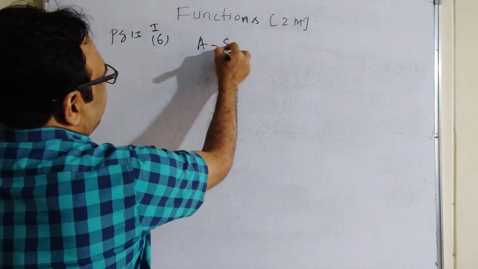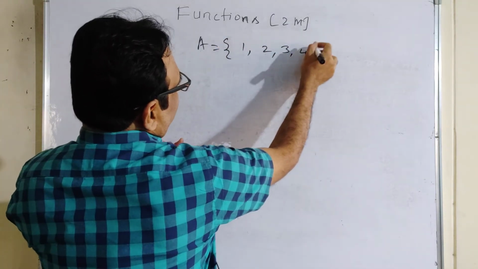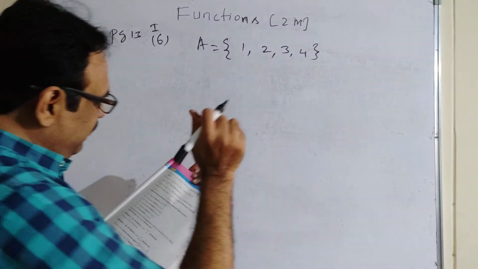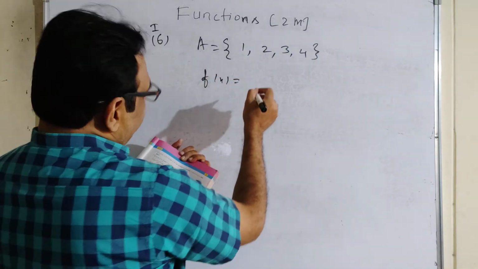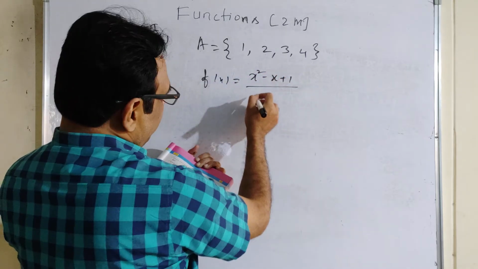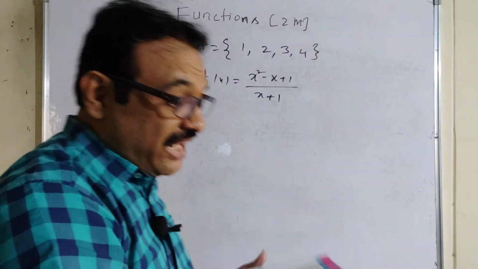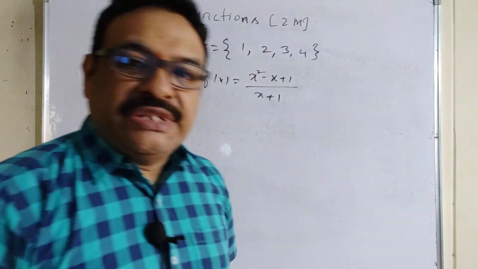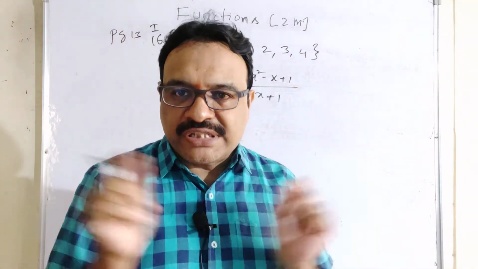In set A, he has given the elements, that is the domain elements, 1, 2, 3, 4. That is the values of x. Now he has given the f(x) values. f(x) is a function given by (x² - x + 1)/(x + 1). Now what is he asking? Range. If he is asking range, or surjection, it pertains to the same.